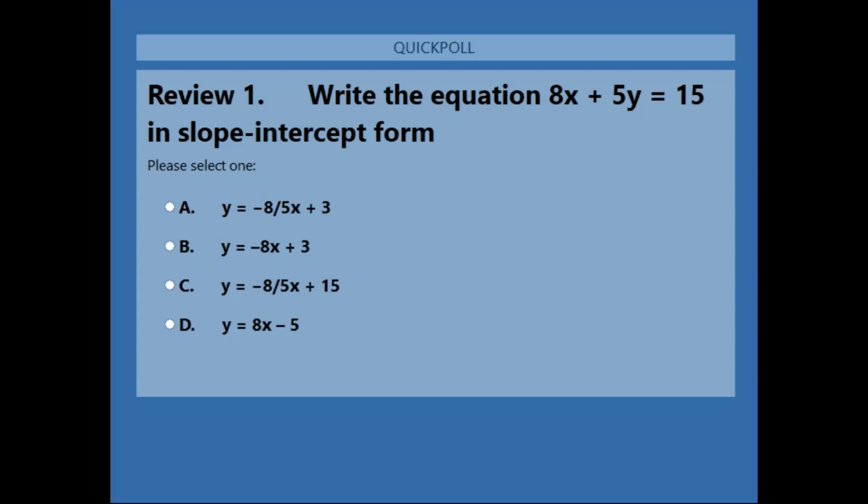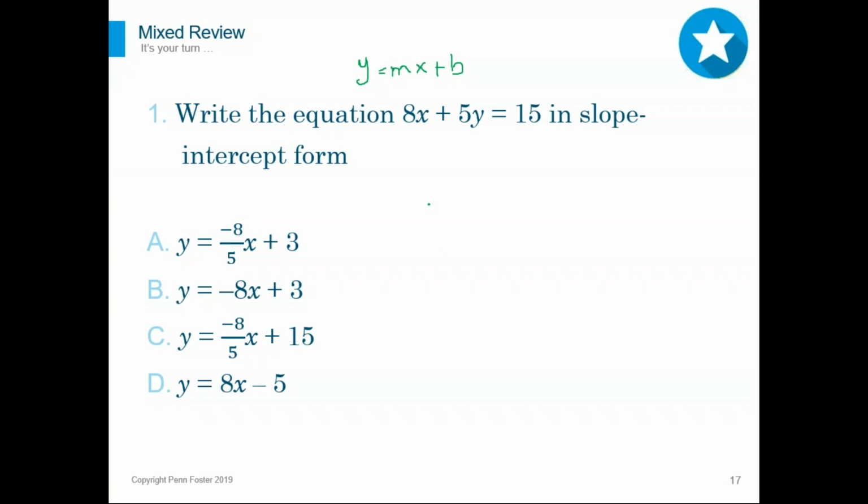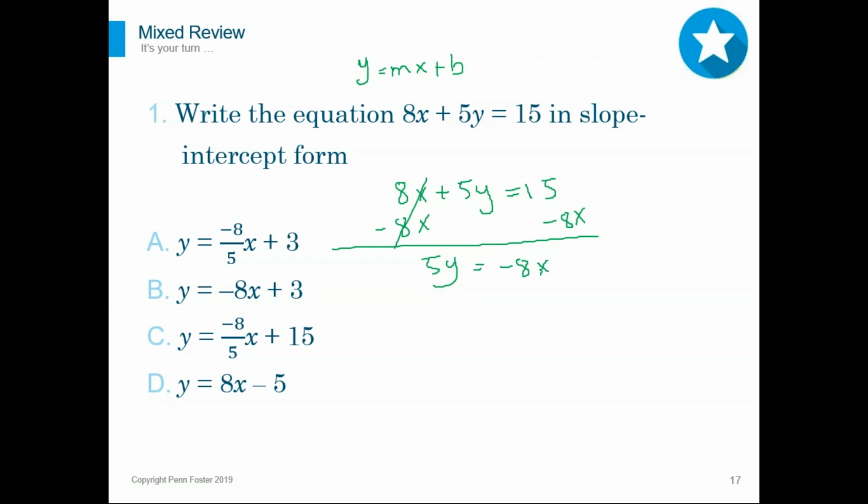Okay, let's do the question together. The question is basically asking us to rearrange the equation. So I have 8x + 5y = 15. I need to isolate the y, so I get rid of the 8x by subtracting 8x from both sides. That goes to 0, and 5y by itself equals -8x + 15.